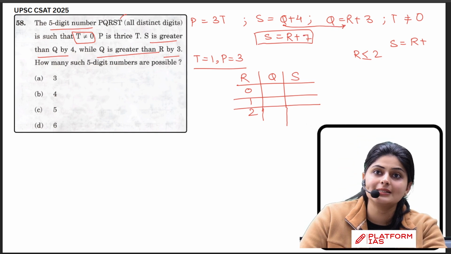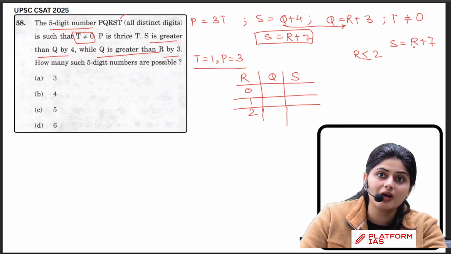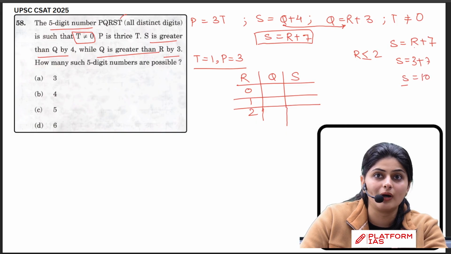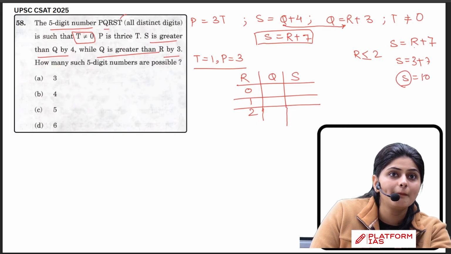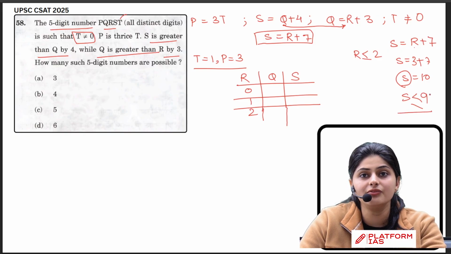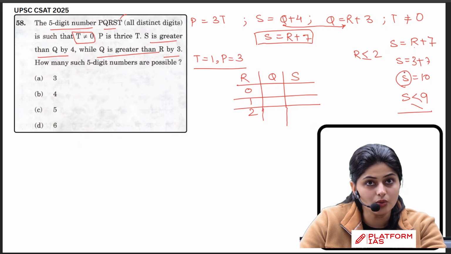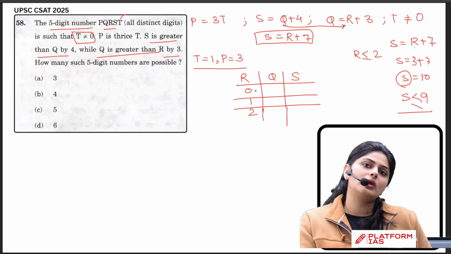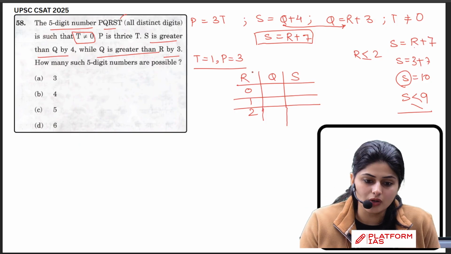So when S is equal to R plus 7 and R is greater than 2, that means if R is 3, S is 10, which is not possible. Why? Because S is a digit of PQRST. So S has to be less than or equal to 9. For that, R should be less than or equal to 2. That is why here we will only take 0, 1 and 2 as the values of R.